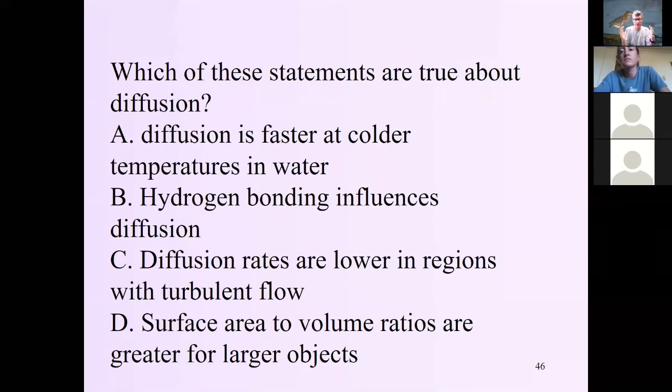One reason is that every part of the volume inside a large object is further away from the surfaces. Also, look at the mathematics: volume goes up as a cube, and the area goes up as a square of the dimension of the object. Does that make sense?